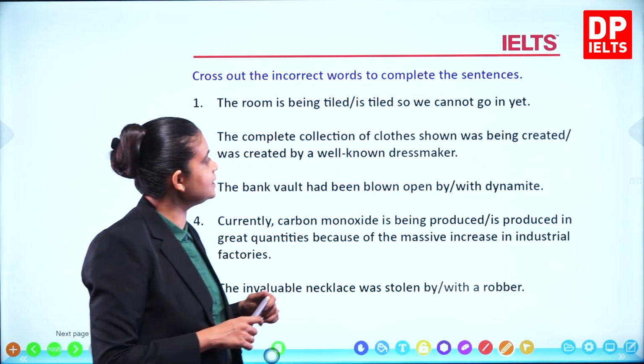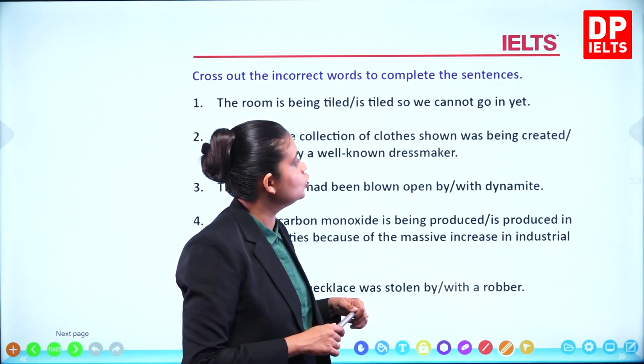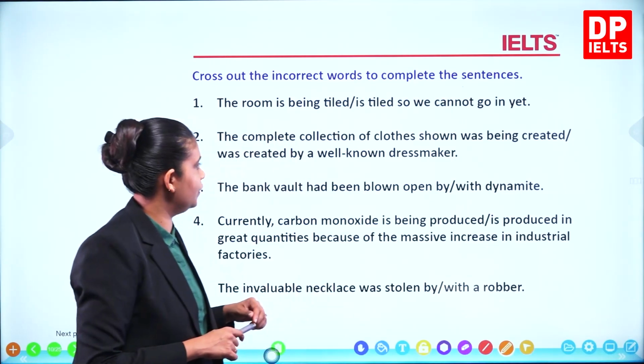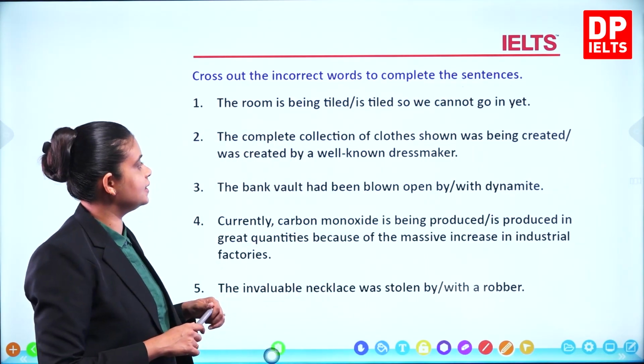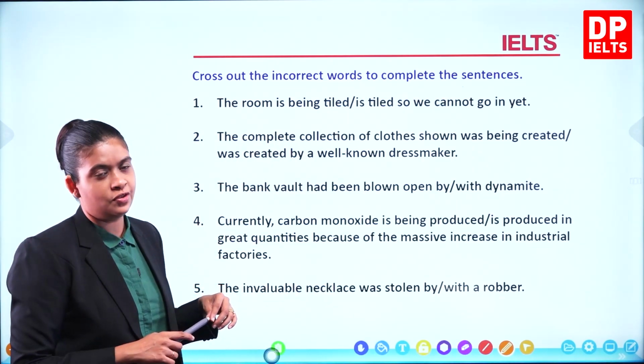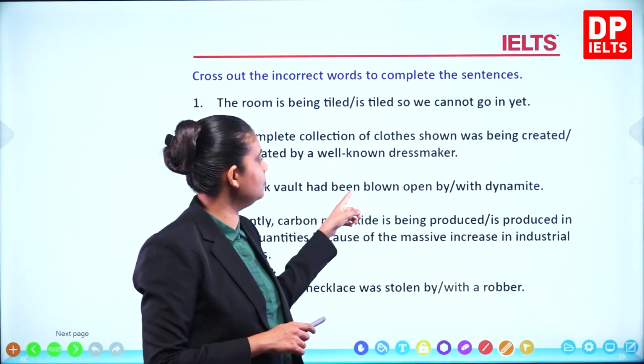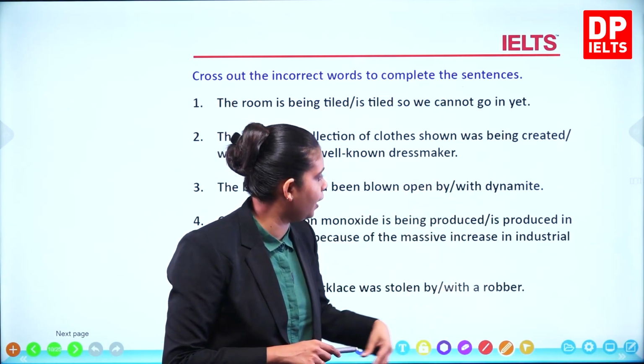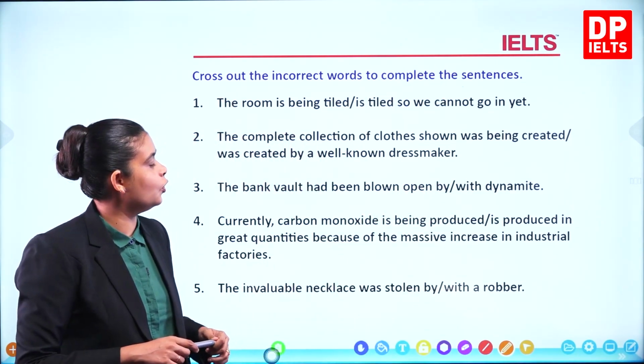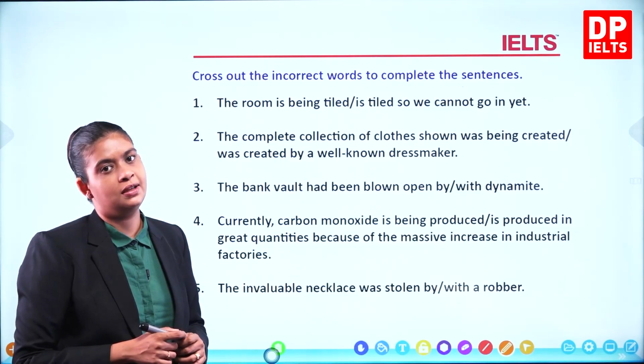The complete collection of clothes shown was being created or was created by a well-known dressmaker. The bank vault had been blown open by or was blown open with dynamite.